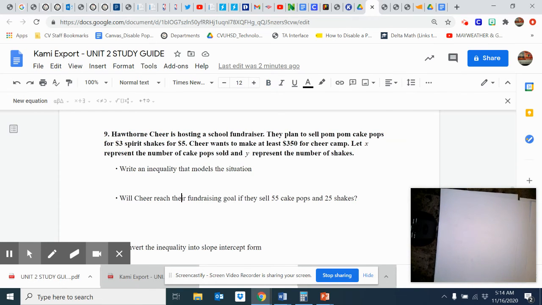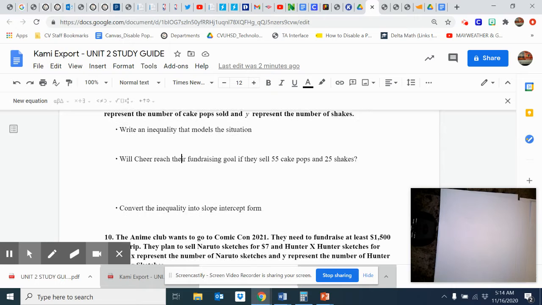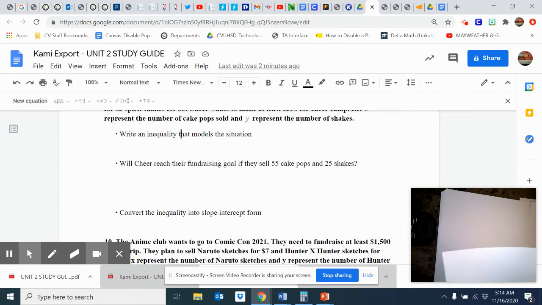Now, you will have to convert this to slope intercept form. So notice we had 3x plus 5y greater than or equal to 350. So you need to subtract your 3x on one side, subtract it on the other. Divide by 5.